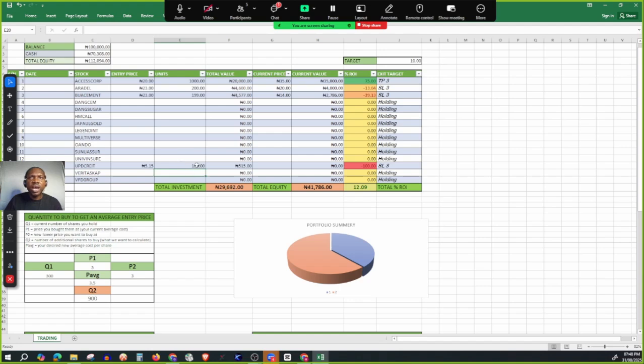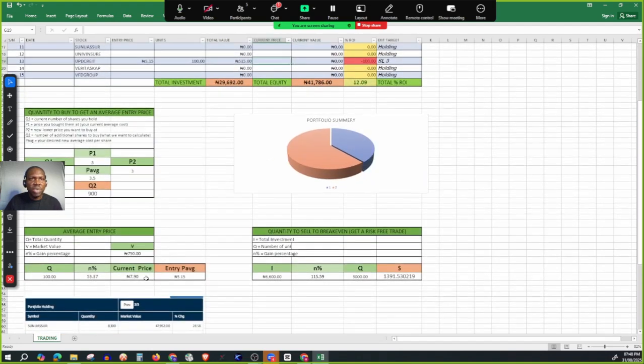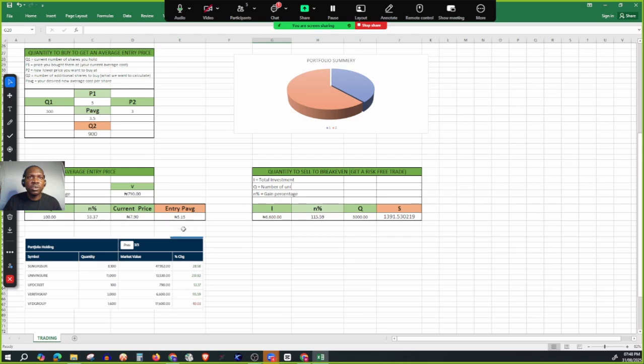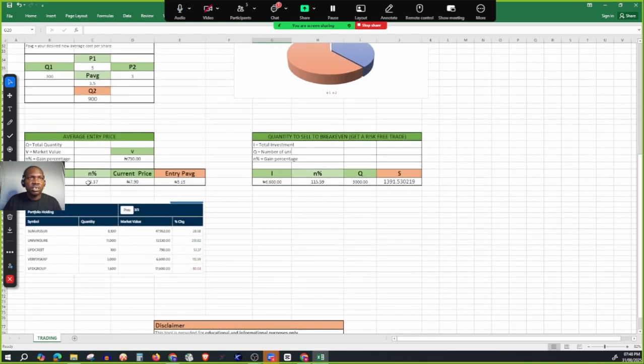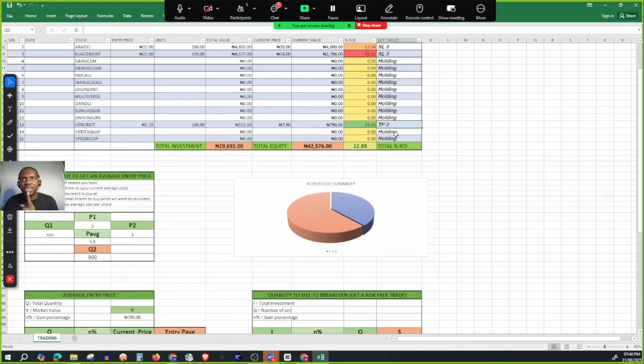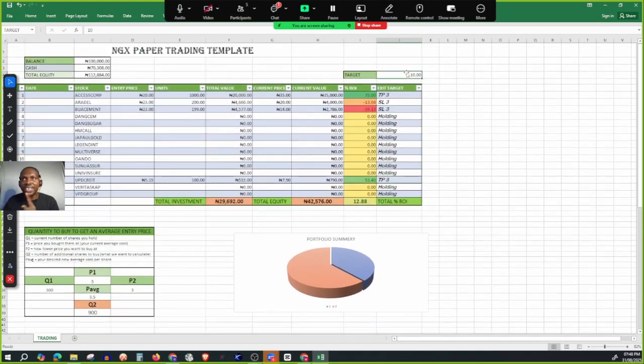What is the current price now? From here, I can see the current price, 7 naira 90 kobo. When I enter it, it's telling me that I have 53.4%, 53.37, which is approximately this. Then that means it has hit TP3 based on this target that I set.